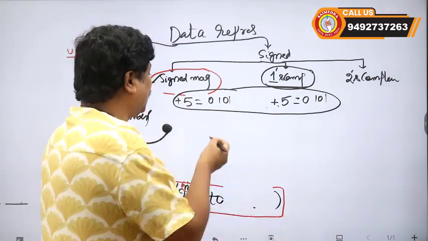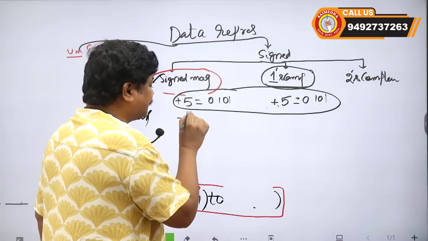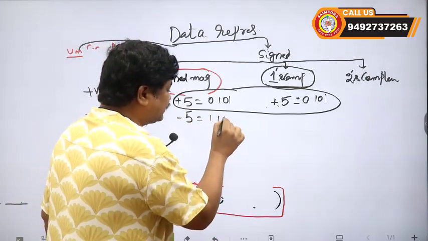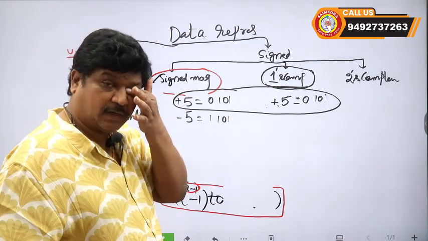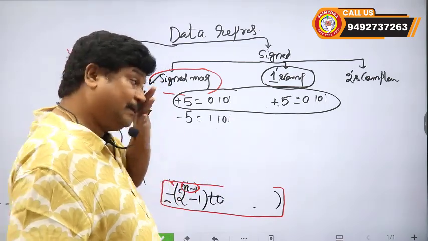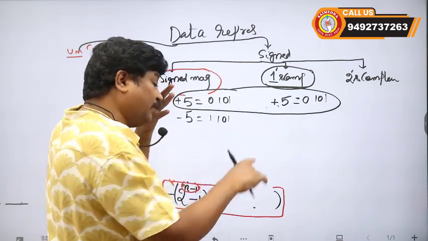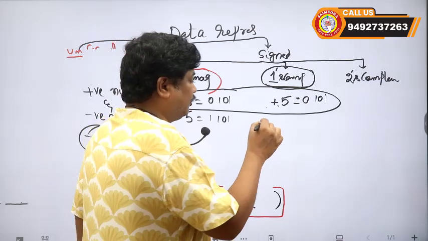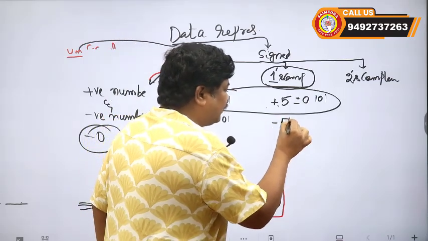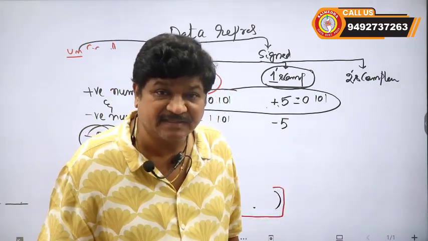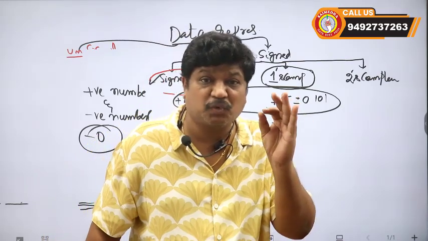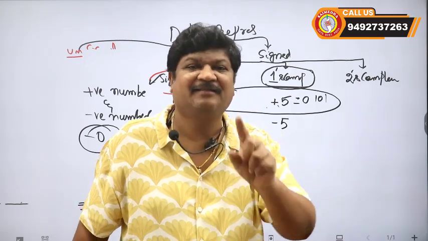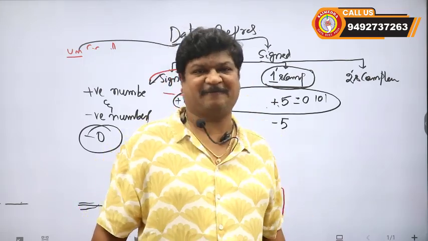But how did we write minus 5 here? Already you know, 1, 1, 0, 1 in sign magnitude. In ones complement, how to write minus 5? My dear students, first we write plus 5 and make the ones complement of that. That number is a negative number.